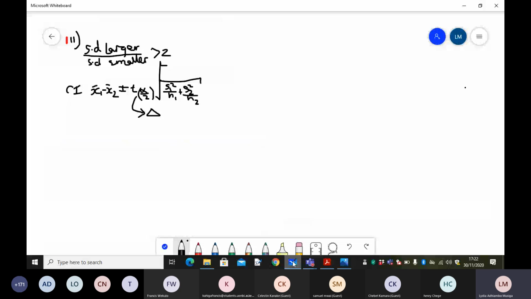We divide 84.7 by 38.2, and this gives us 2.217.